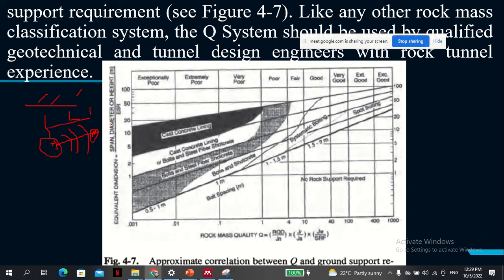If given a span or diameter or height of a tunnel and an excavation support ratio, and you know whether the rock is poor, very poor, or fair, and the Q system value, you should be able, at least based on these figures, to determine the bolt spacing, we should say.